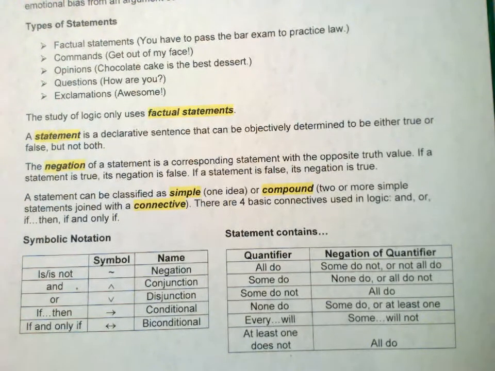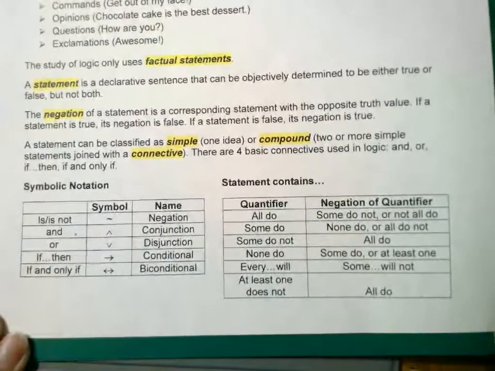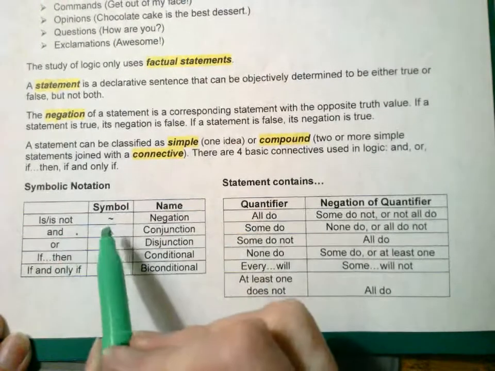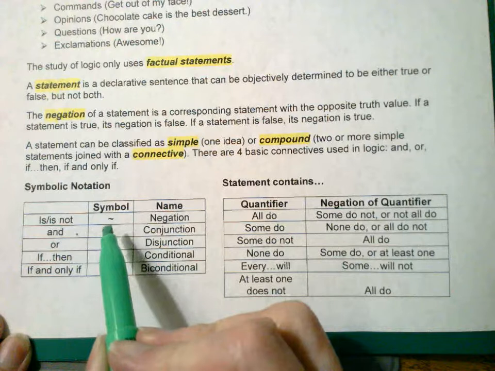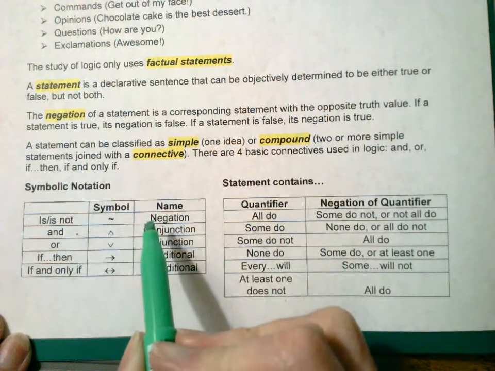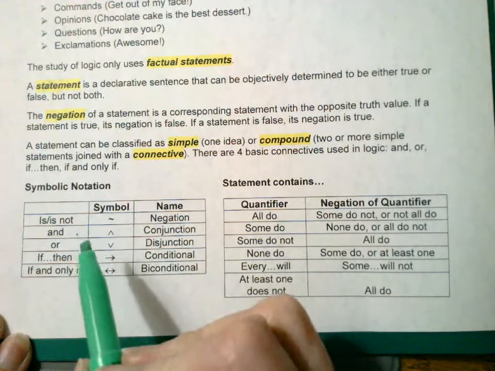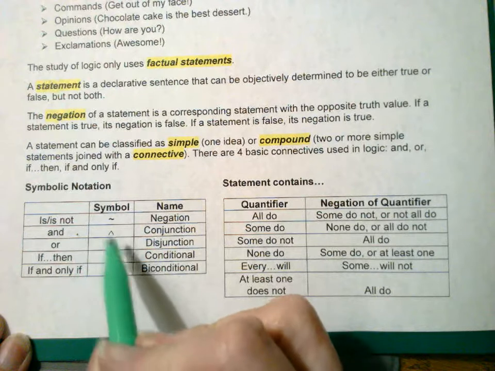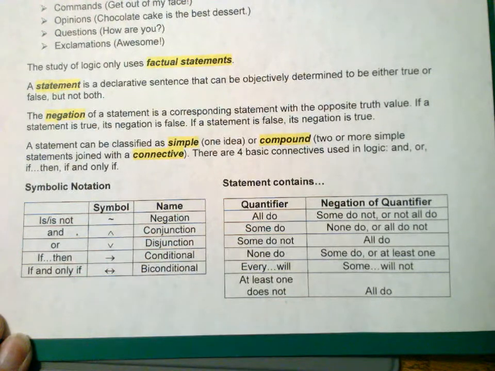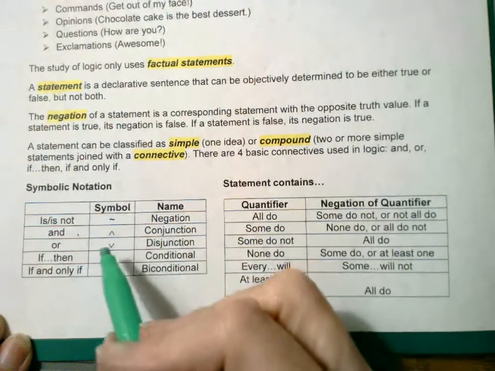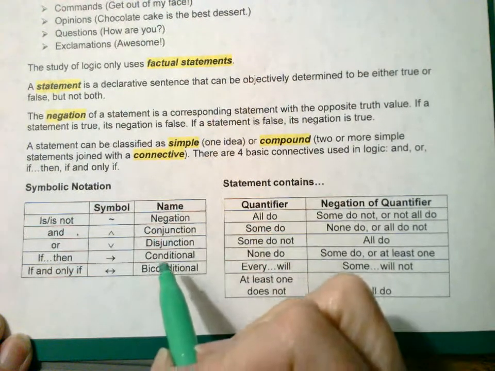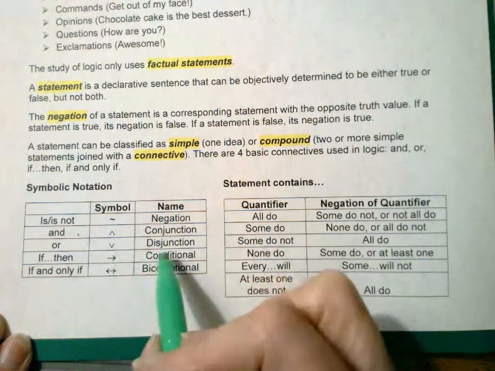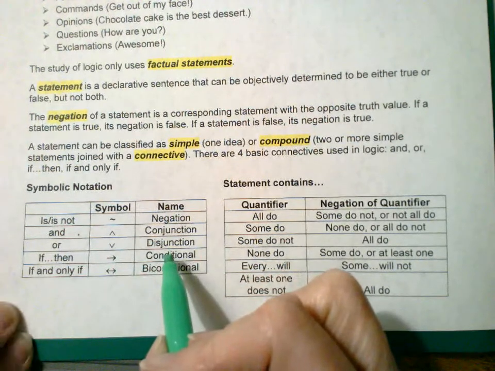So let's look at these charts down here. This little wavy symbol in our book is a negation. Okay, it is or is not. The little caret, or some people remember seeing that for an exponent, but that's what we're going to use for conjunction. And then the opposite is the or for disjunction.